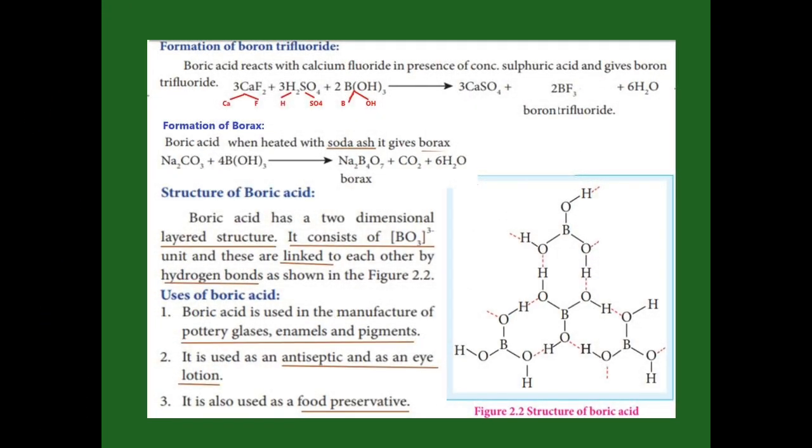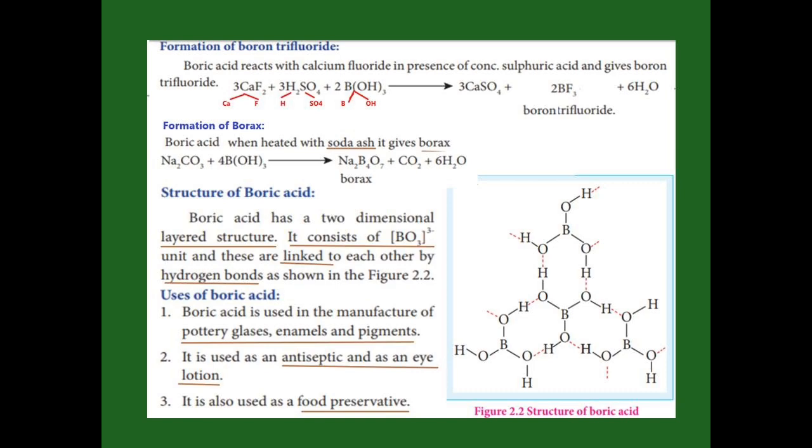Let's see the preparation of boron trifluoride from boric acid. The boric acid is reacted with calcium fluoride in the presence of concentrated sulfuric acid. It gives boron trifluoride. Now see the reaction. Calcium fluoride CaF2: I split the CaF2 as calcium and fluorine, and sulfuric acid as H and SO4, and boric acid as B and OH.